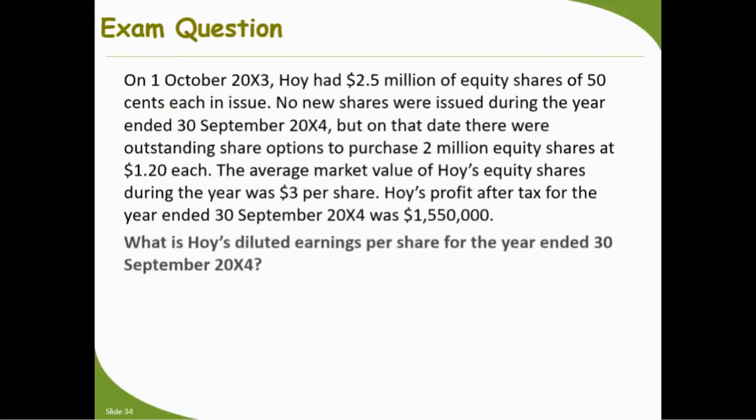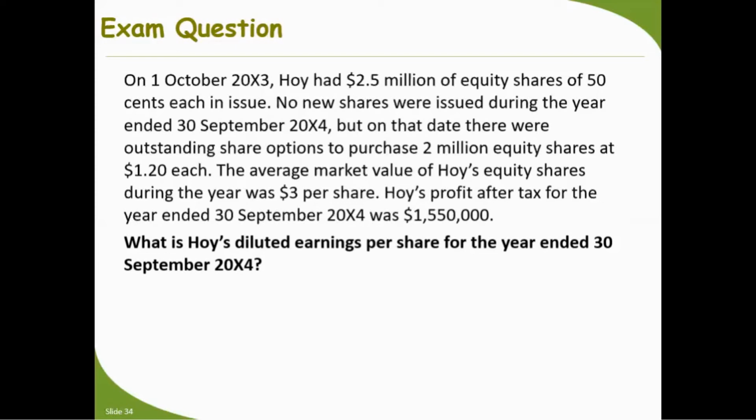Then on 1st October 20x3, Hoy had $2.5 million of equity shares of 50 cents each in issue. No new shares were issued during the year ended 30th September 2024, but on that date there were outstanding share options to purchase 2 million equity shares at $1.2 each.